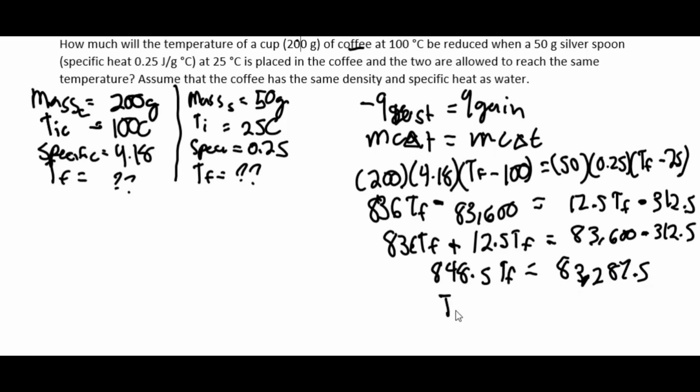So let's divide. TF is 83,287.5 divided by 848.5. So the final temperature is 98.5. That's our final answer.